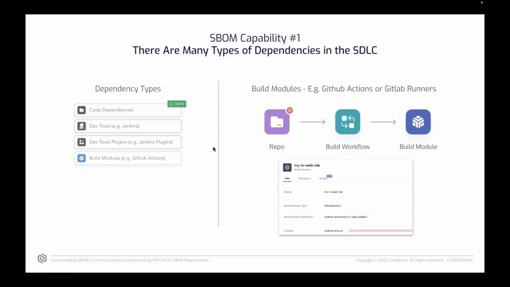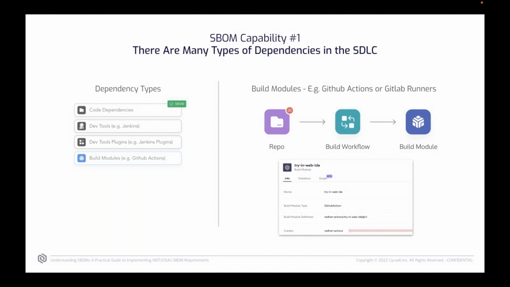If you look at build modules like GitHub Actions, again, this is software that is created by a third party that could have its own vulnerabilities. Here we have the Try and Web IDE, which was created by Red Hat. And again, wouldn't it be great if you knew exactly what was in this? It's impacting your software and could be an attack vector.